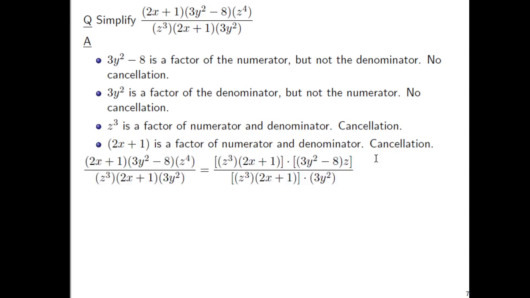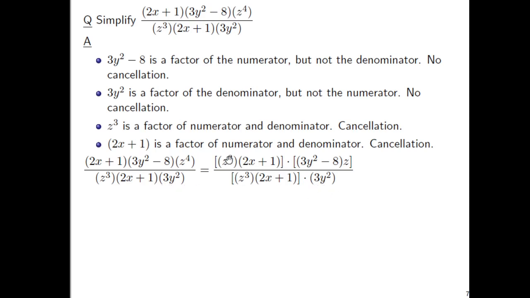There's cancellation there. So if we just slightly shuffle and organize this stuff a little differently, we could point out that there's a z³ factor and a 2x + 1 factor both on top and on bottom, and the rest of the stuff in the numerator would be a (3y² − 8) in parentheses times a z. In the denominator, after that common factor stuff, what would be left is 3y².